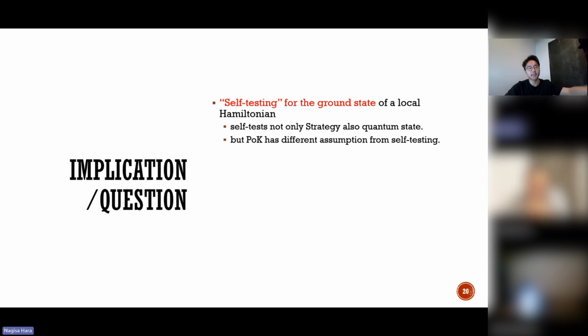So by sending classical communication, the extractor invokes the prover to apply certain unitaries. So even though there is a slightly different assumption for this property, one interpretation could be that it is self-testing not only the strategy but also the quantum state.